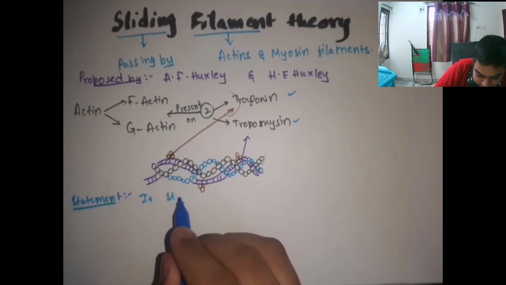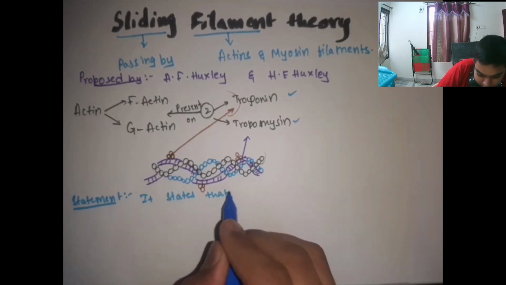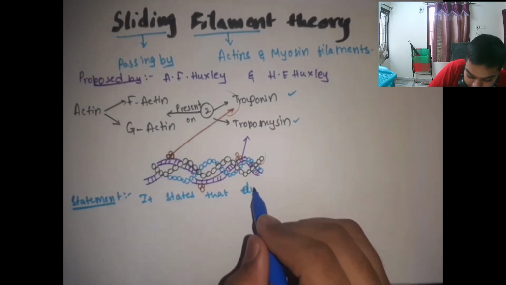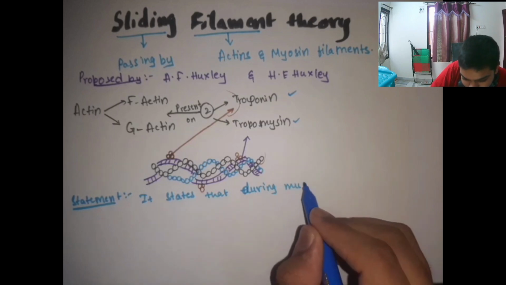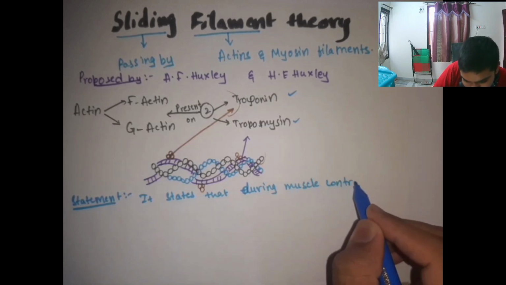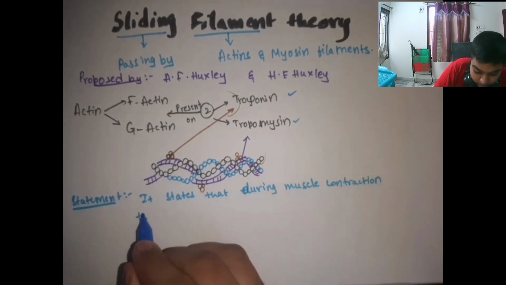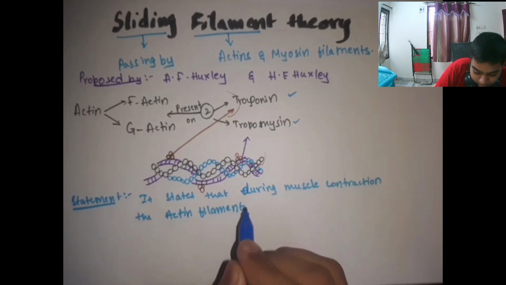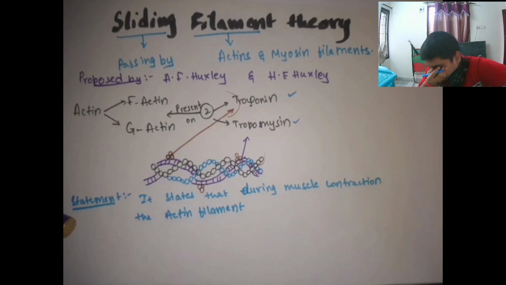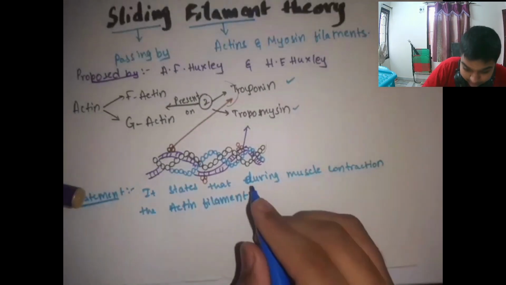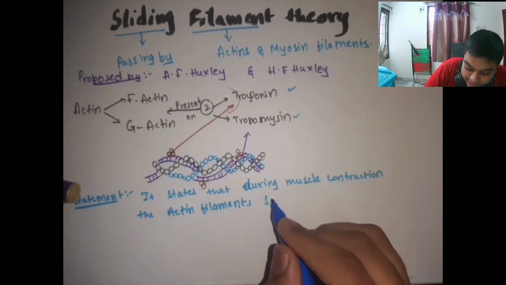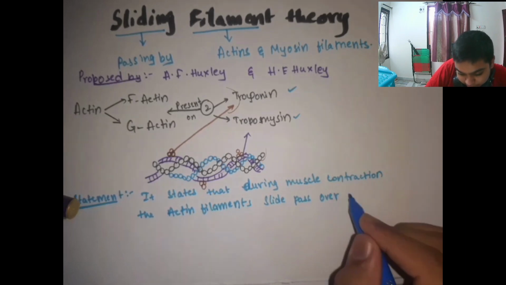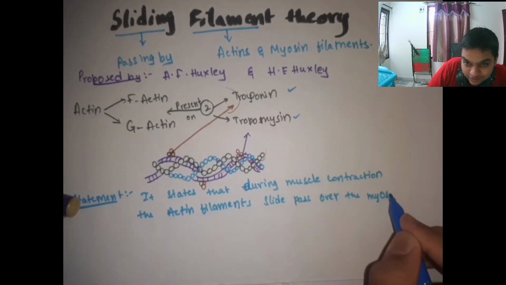This theory states that during muscle contraction, the actin filaments slide past over the myosin filaments.